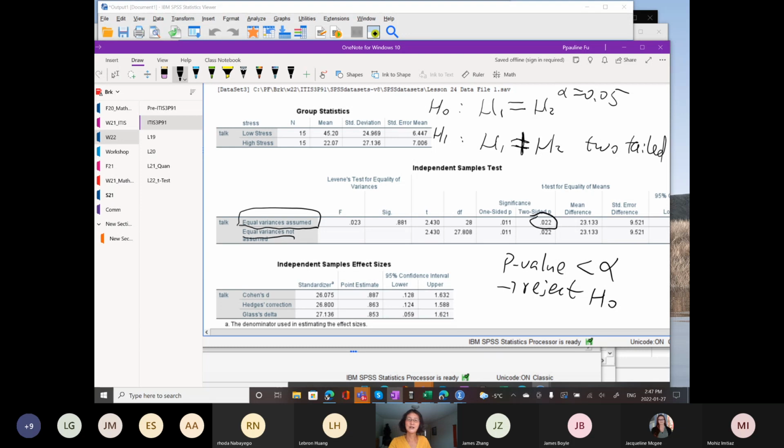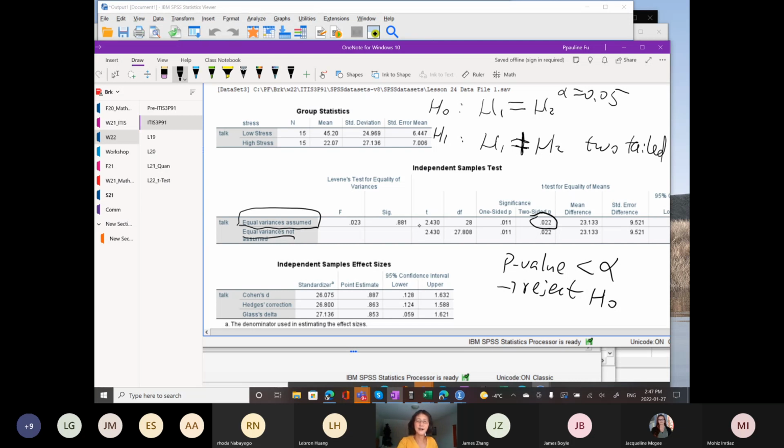When you reject H0, you are in favor of H1. So you conclude the population mean for low stress level students is not the same as for high stress level students. Those two population means are not equal. Okay, that is your conclusion for the p-value method.